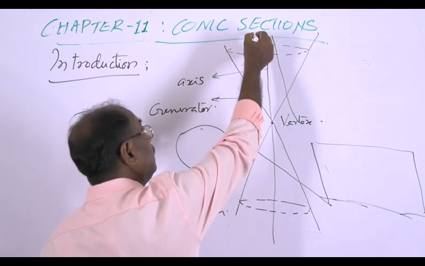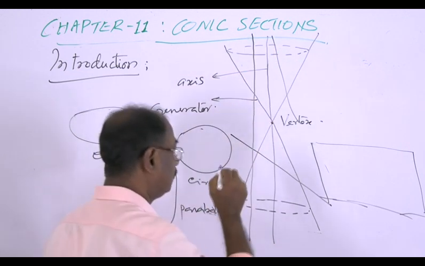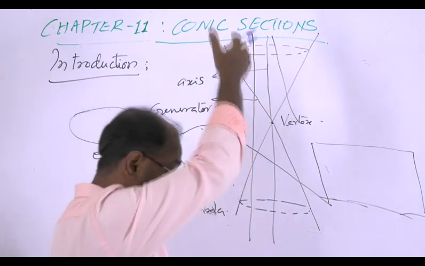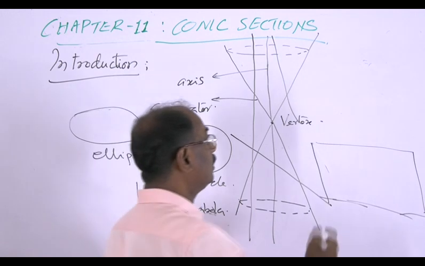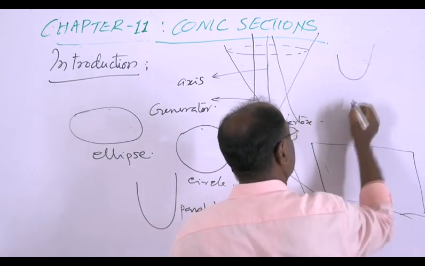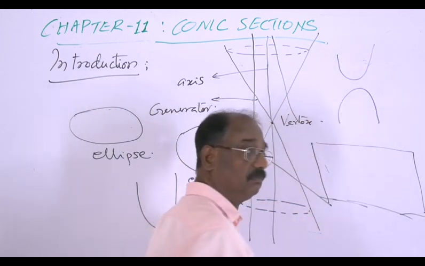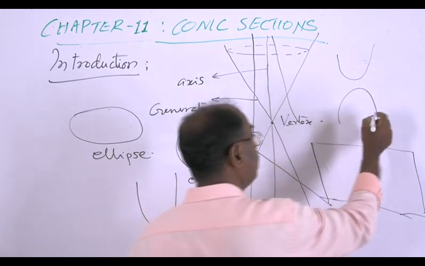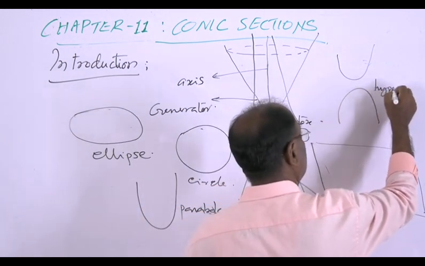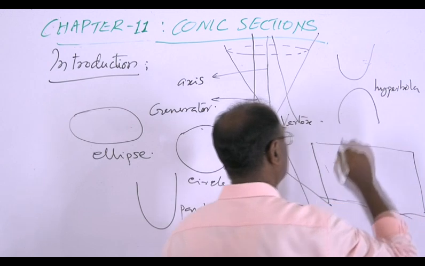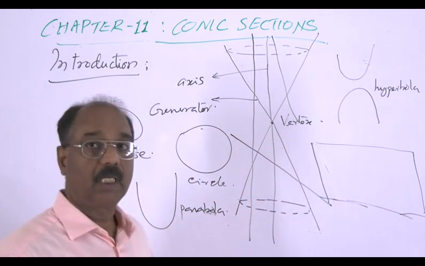And suppose the plane cuts the cone in this way, vertically. Then the cross section will be like this, and this is called a hyperbola.